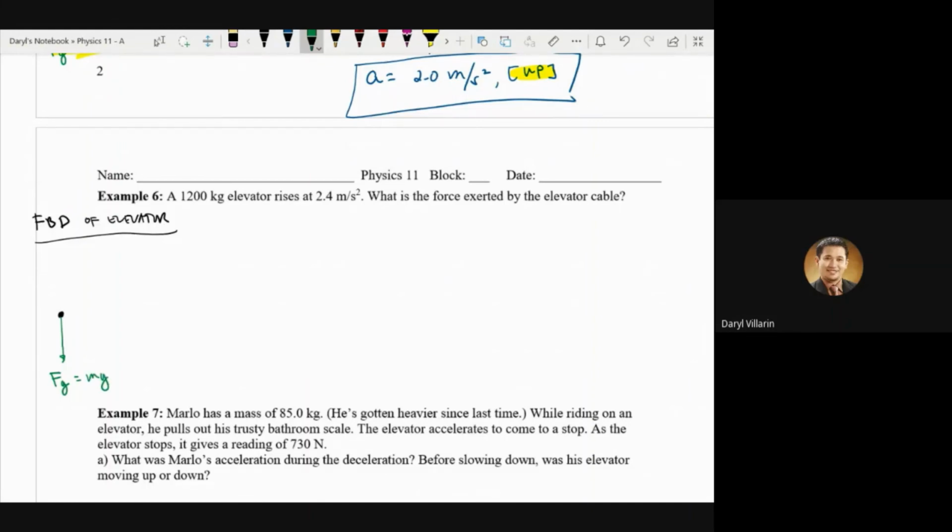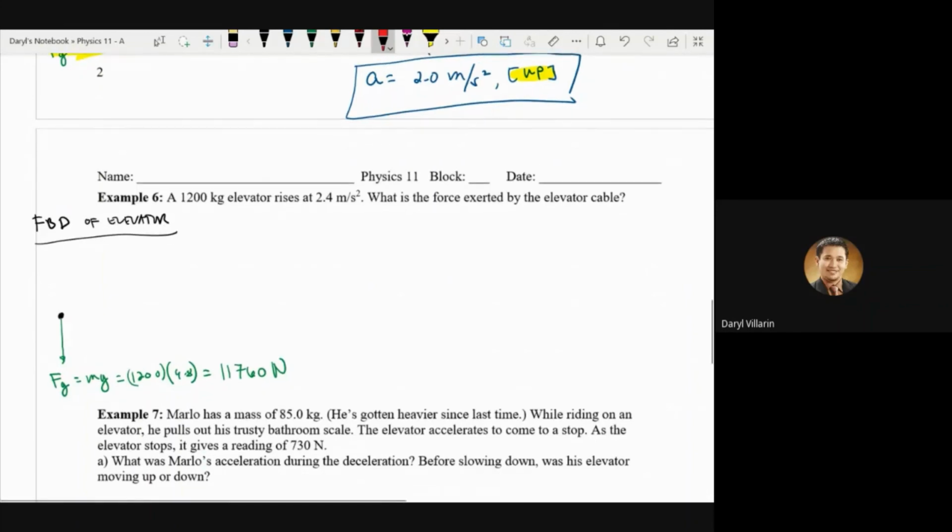So I'm not given that particular value, but I can solve it using 1,200 multiplied by 9.8. So 1,200 times 9.8. That's around 11,760 newtons. Well, I'll not be rounding up for now because this is not my final answer.